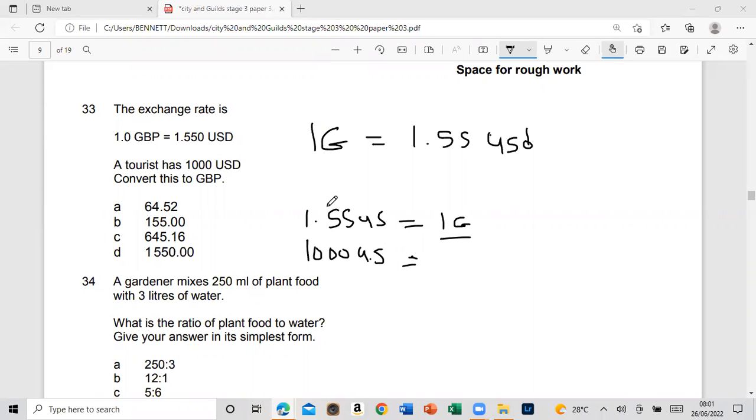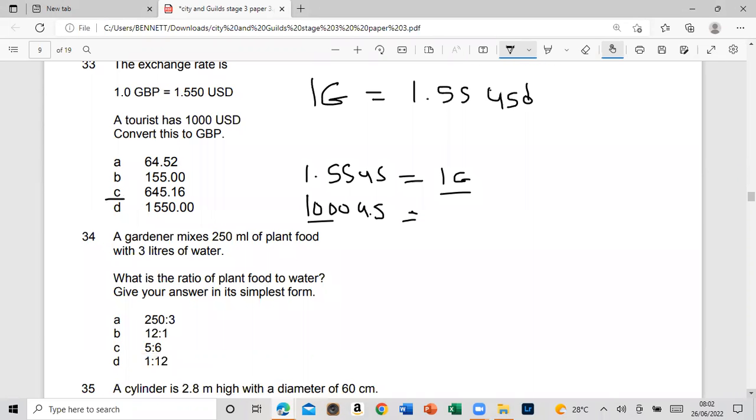Judging by the answer, it will work out like this. When you have to divide, you can kind of give away the answer. If you make the mistake and multiply, then you're going to get 1,550, right? But remember, the Great Britain value is more.